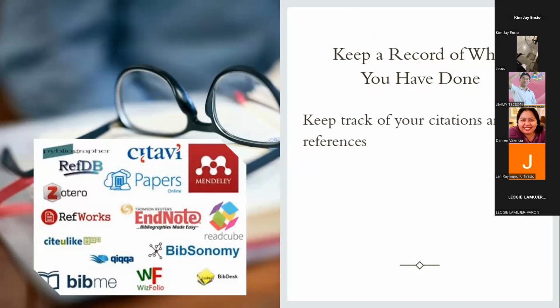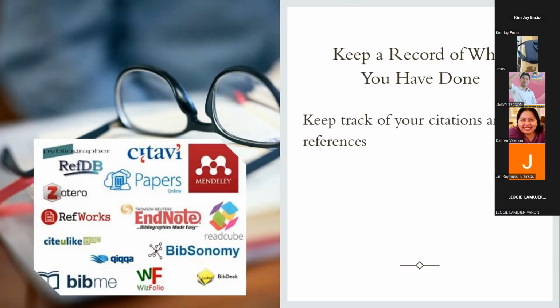I remember in my undergrad, I did it manually. Same. So APA, repeatedly, and I made mistakes, especially with online references. But there are actually tools, I think mentioned by Ms. Darren, like Zotero, EndNote, Mendeley.